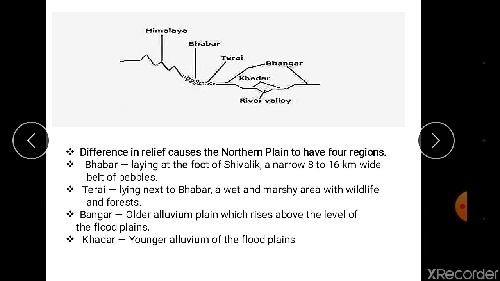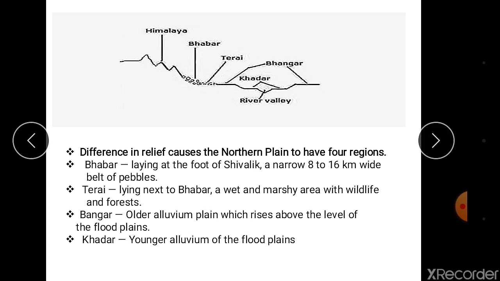The first part is the Bhabar, which is immediately next to the hills. It is 8 to 16 kilometers wide, having pebbles, which means it is not fertile soil. Next to Bhabar, Tarai is here. This is the wetland, because the rivers disappear in the Bhabar and re-emerge in the Tarai.